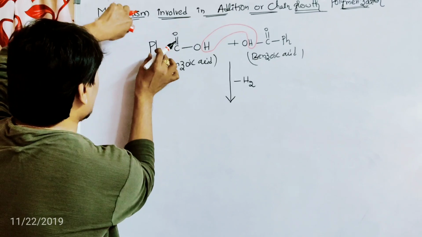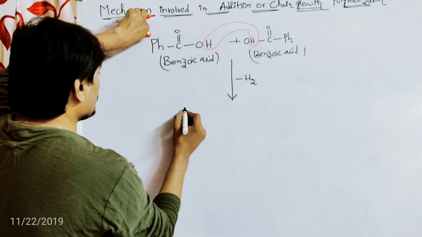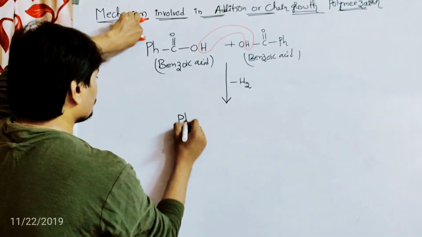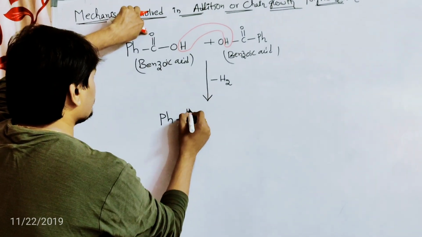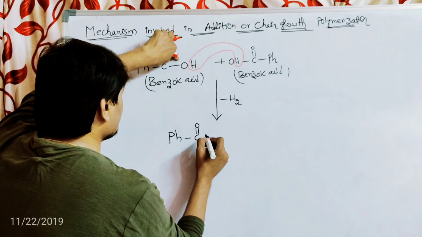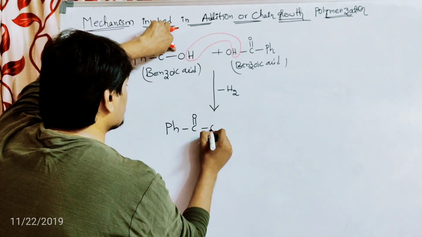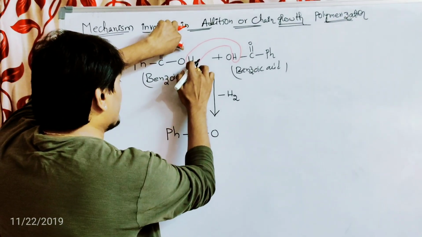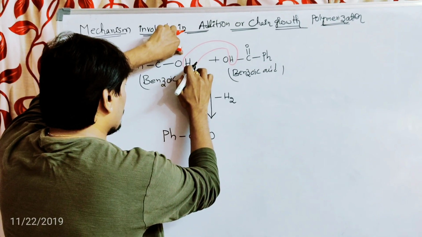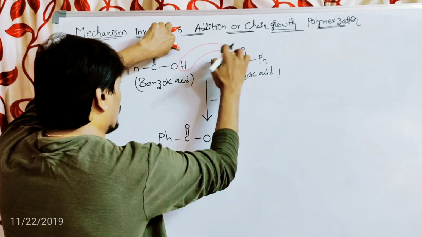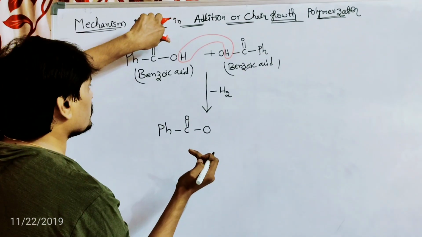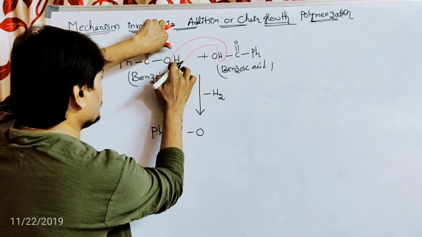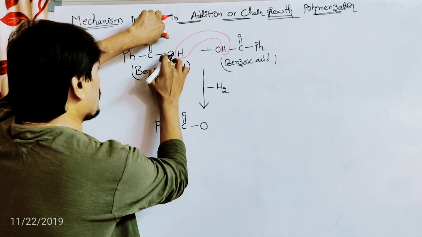Now, is there any change at the Ph, students? There is no change. Is there any change at the C double bond O? No change. Is there any change of oxygen? No change. But this hydrogen has been lost along with another hydrogen of the hydroxyl of the other benzoic acid in the form of a hydrogen molecule. So hydrogen will not be attached to the oxygen.